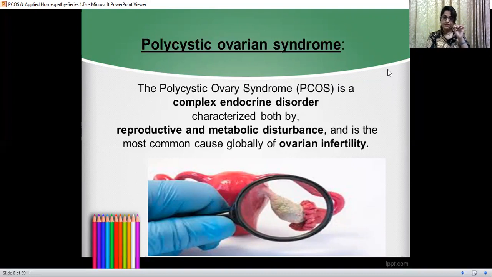What is metabolic disturbance? Metabolism deals with the utility of amino acids and proteins used in our daily life. So polycystic ovarian syndrome is a complex endocrine disorder, of hormones, in which we can also see reproductive and metabolic disturbance. And it is the most common cause globally of ovarian infertility.